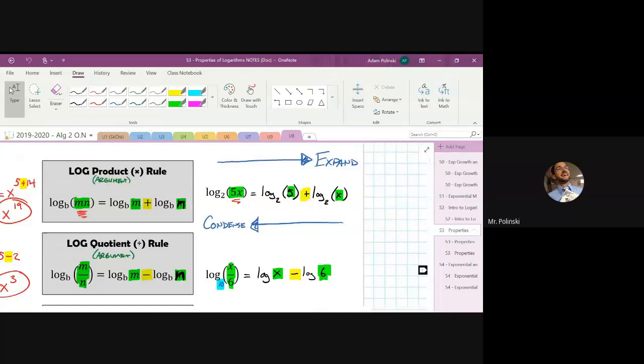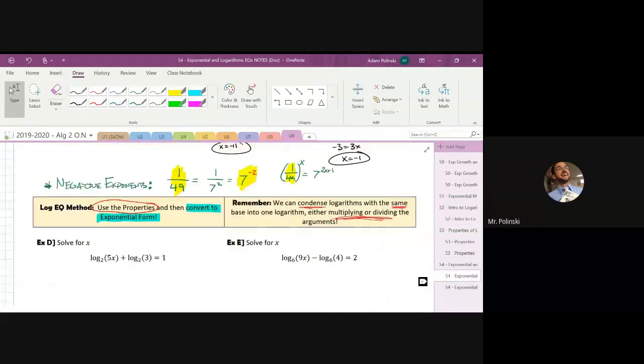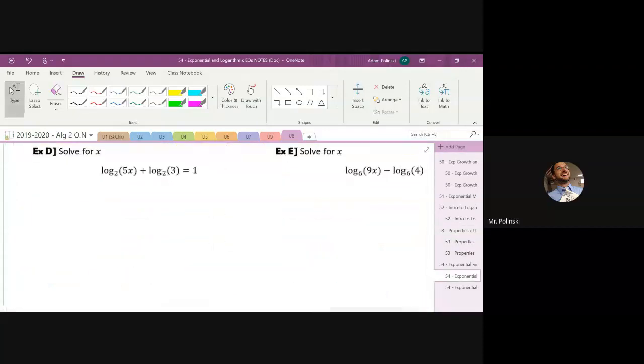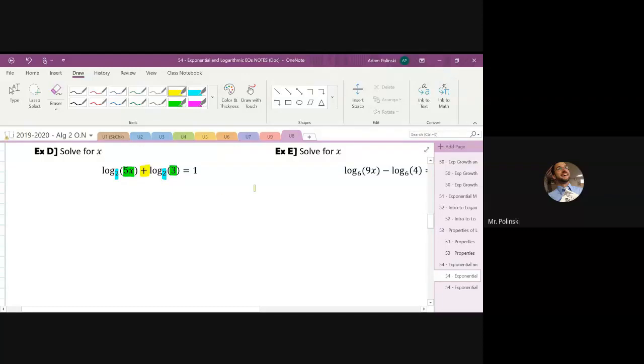Let's take a look at this first example. We see two logs with the same base, log base 2 and log base 2, but the arguments are different. However, we are adding between them, and since we are adding, that is a giveaway that we can use the product rule.